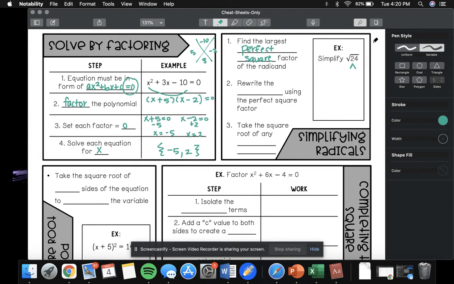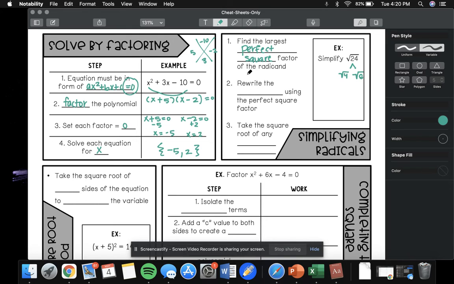Let's try 24 divided by 9. No, 24 divided by 16. Nope, so it looks like it is going to be the square root of 4 and the square root of 6.